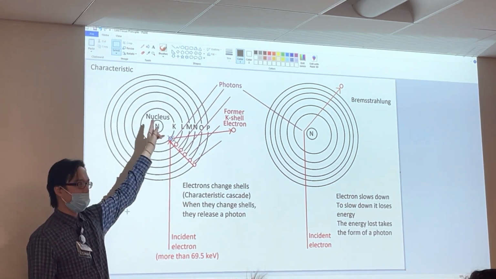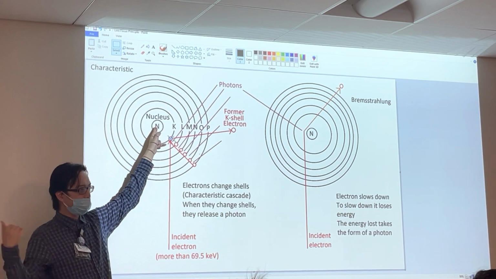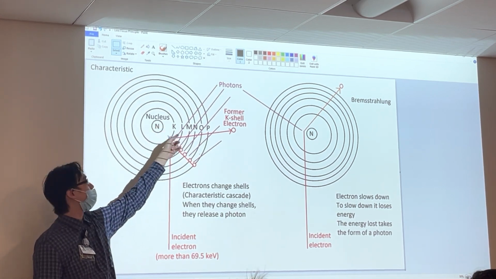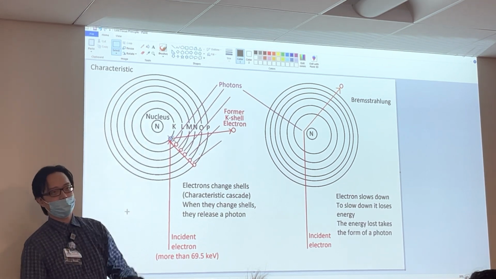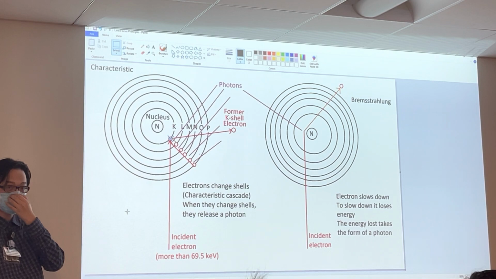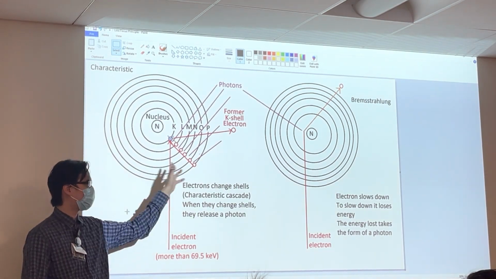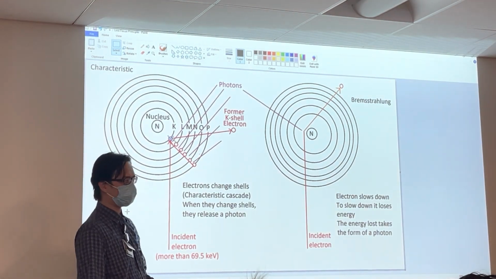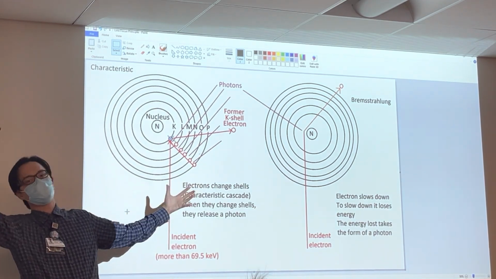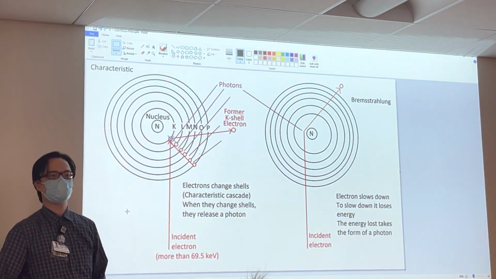So the nucleus is a much bigger target. When electrons zoom through, they're probably going to miss all of these other electrons and interact with the nucleus. So Brems is going to be a lot more common. Things are really small, but in terms of scale, the nucleus is giant compared to a tiny electron.